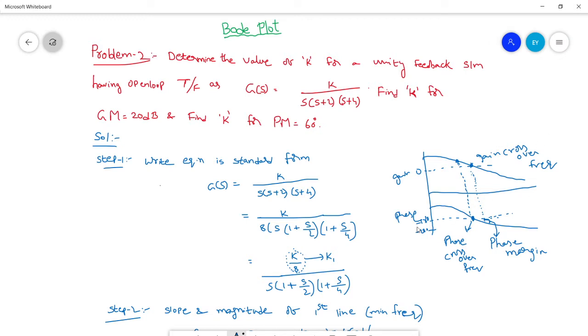The point at which the perpendicular line from the phase crossover frequency touches the gain plot gives the gain margin, right? Whatever the difference you get from 0 dB, that is the gain margin.